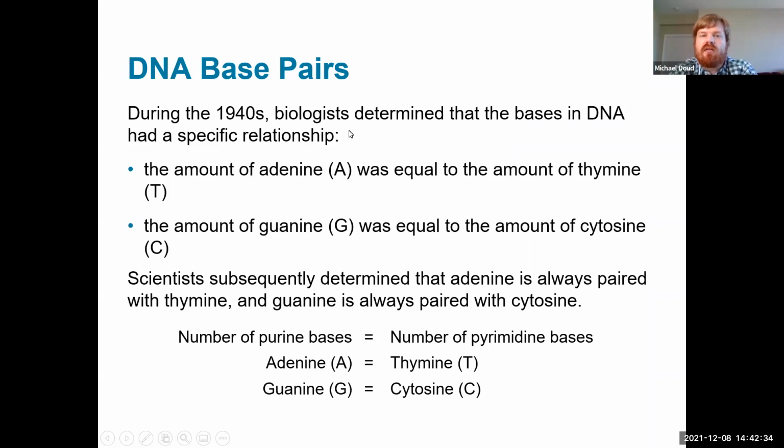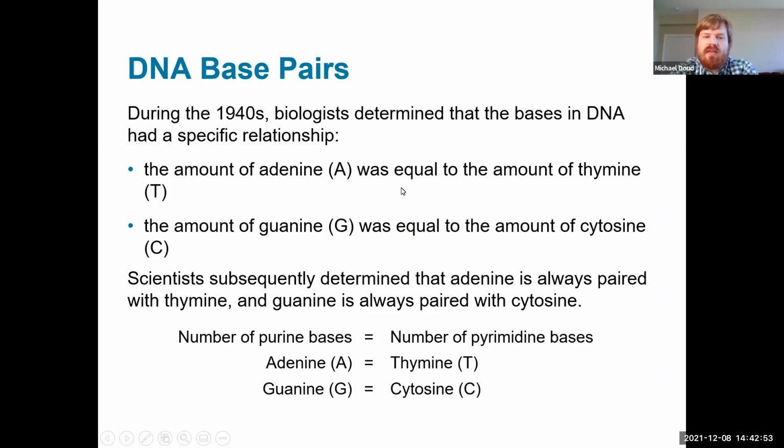in this lecture today. So in the 1940s, there were certain things that were known about DNA. Biologists noticed that the amount of adenine bases was equal to the amount of thymine bases. And likewise, the amount of guanine bases was equal to the amount of cytosine bases.